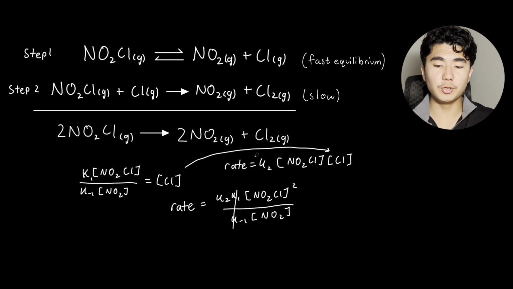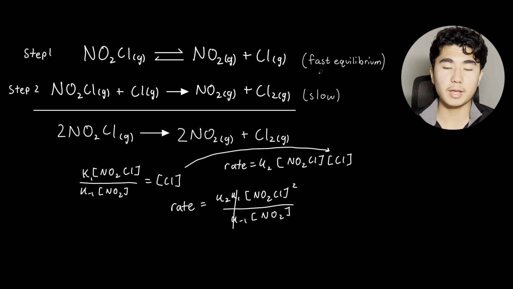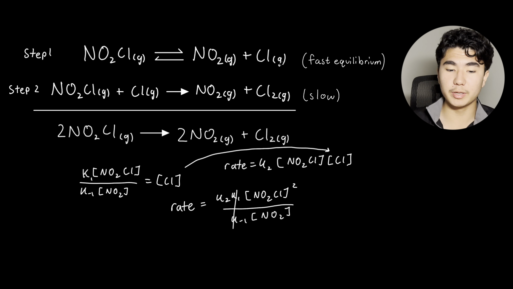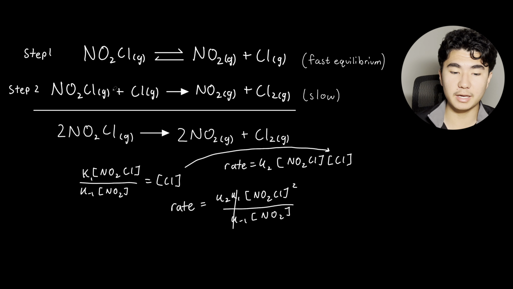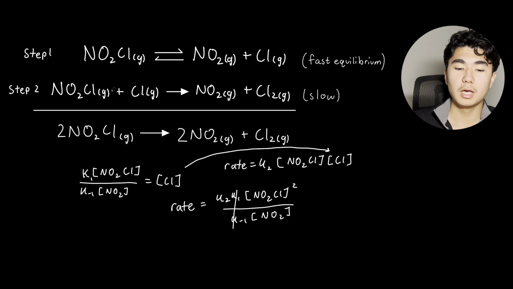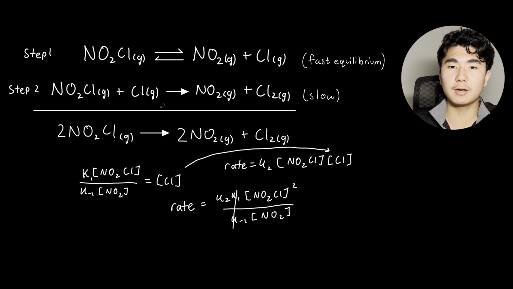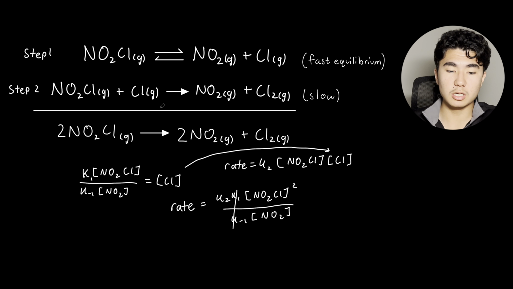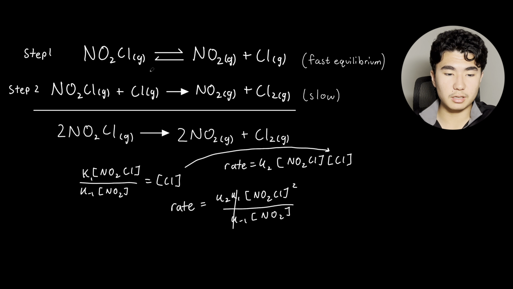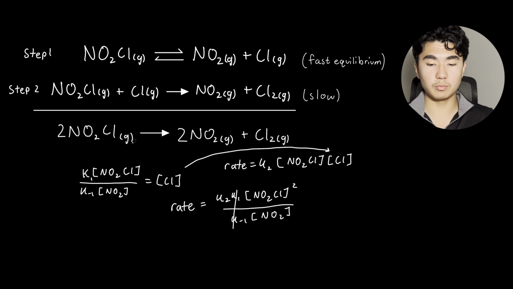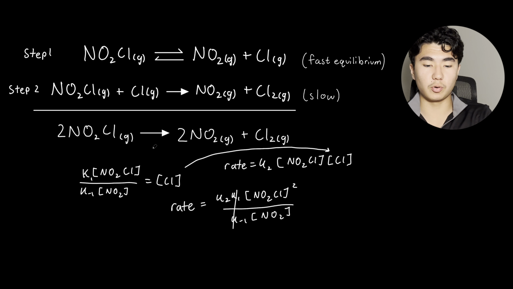Now just to review what we just did, this is only when it applies to fast equilibrium and we have the intermediate. We can't just straight up say that our rate equals k [NO2Cl] times [Cl], because we have that intermediate and we can't have an intermediate in our rate law. So all we really did is go to step 1, and we found the rate law for step 1.